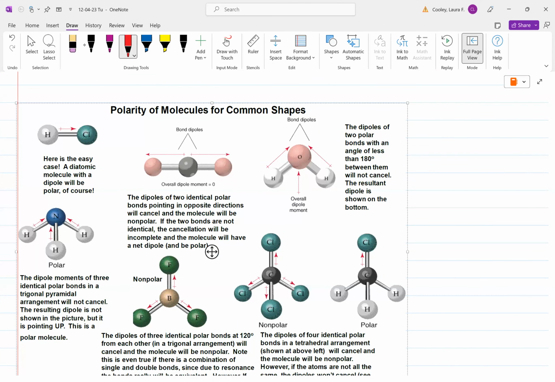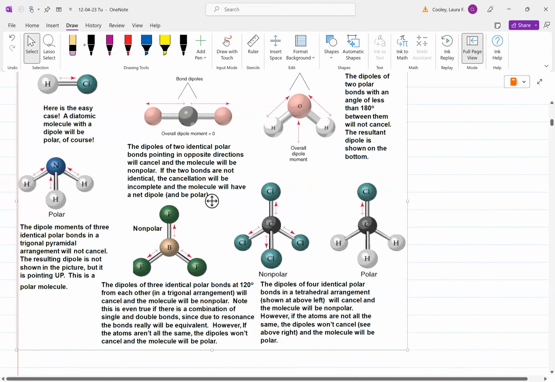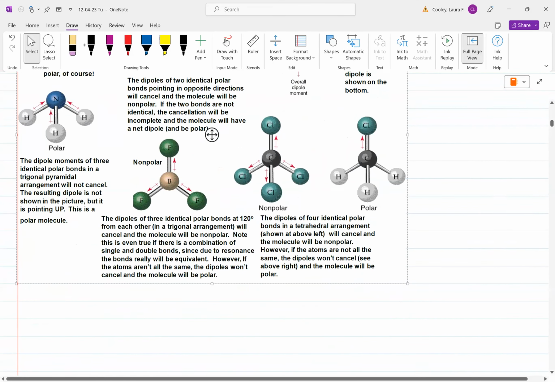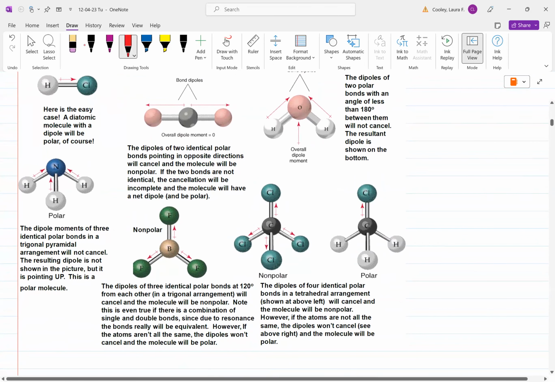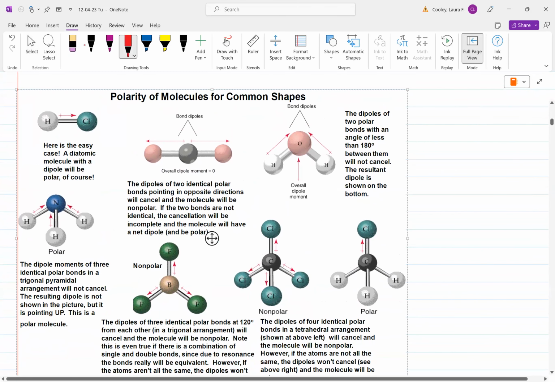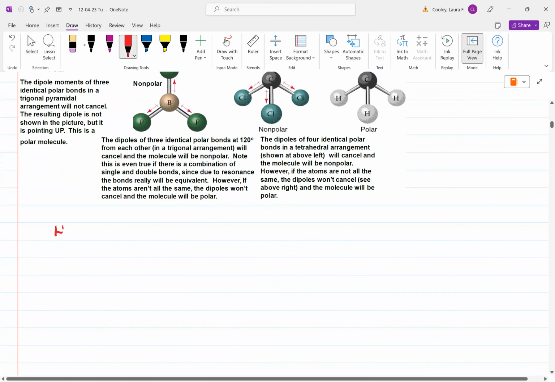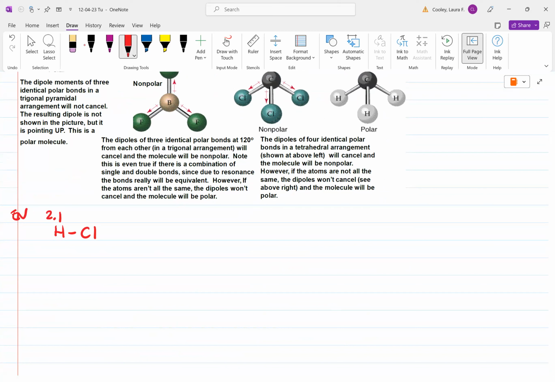So we have HCl here. Let's think about HCl. Here's the HCl on the upper left. You can see it does have a dipole, but let's see why. For HCl, if we look at the electronegativity, that's 2.1 for hydrogen and 3.0 for Cl.